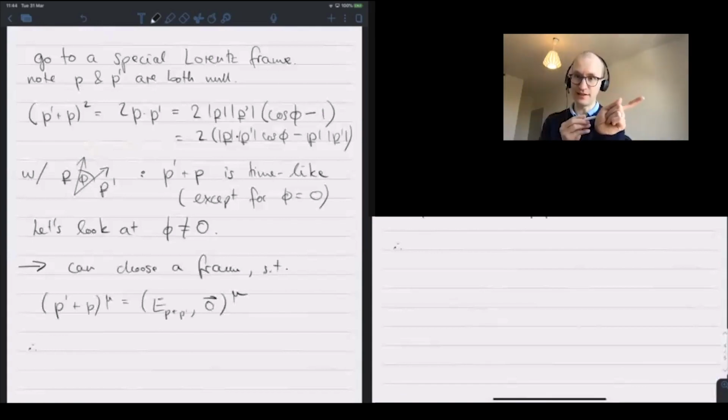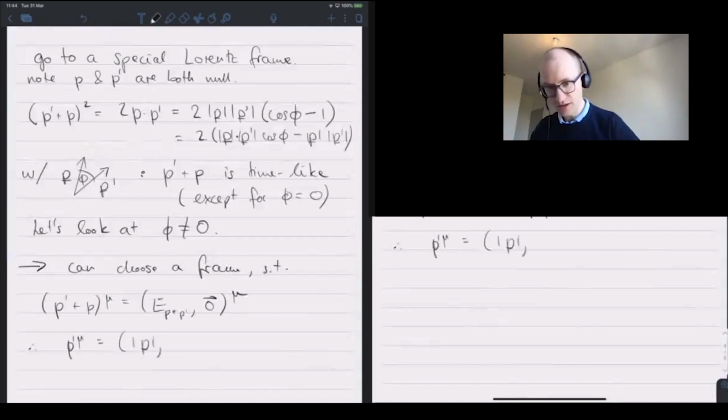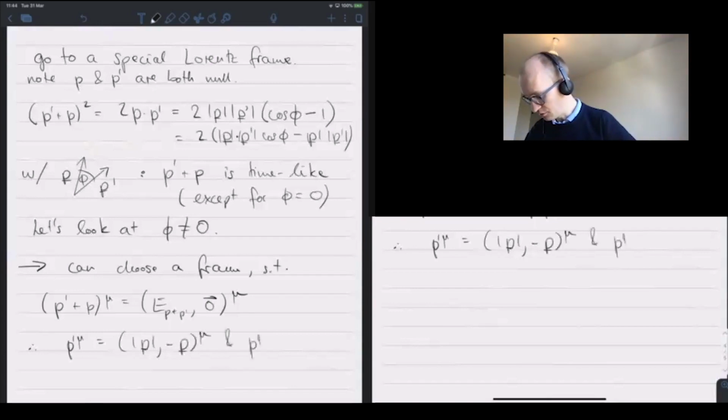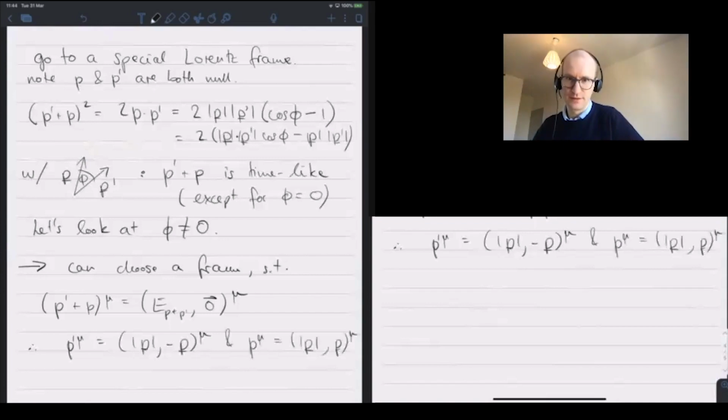Their sum is exactly 0, so the momenta have to be precisely back-to-back. So we can write P prime mu equal to minus the spatial part of P mu, where P mu is the absolute value of p plus the energy component. The sum of the spatial momenta gives 0, and there's just some energy here.